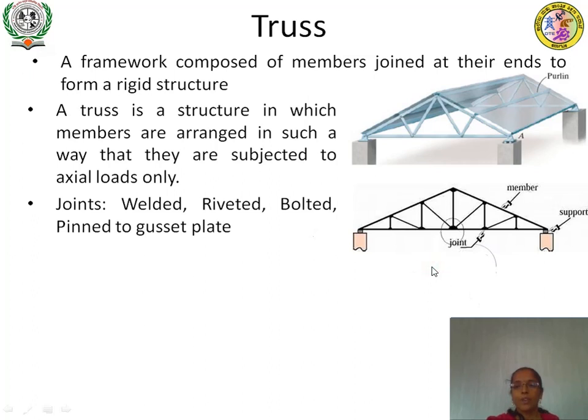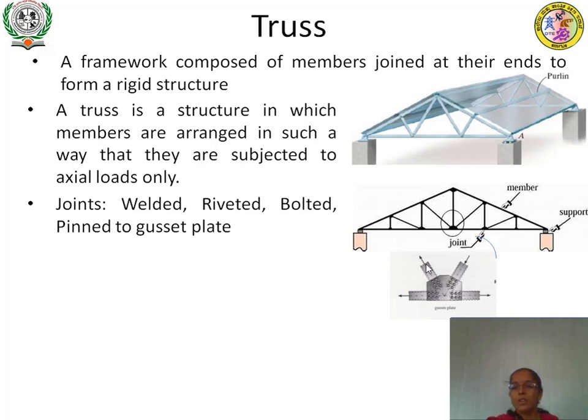If you consider this joint and zoom in, this will be the connection pattern. This one is a horizontal member and this one is again a horizontal member, and then these two are inclined members. We have one more vertical member.